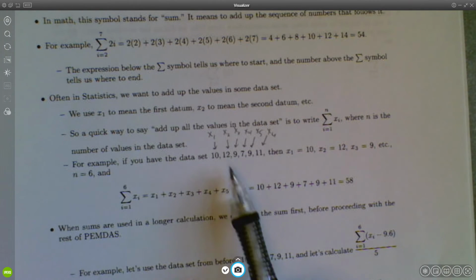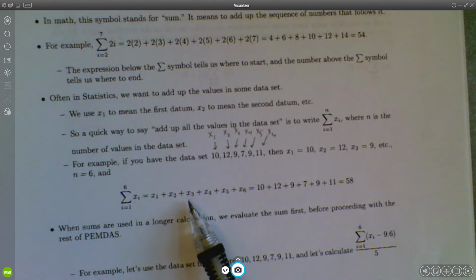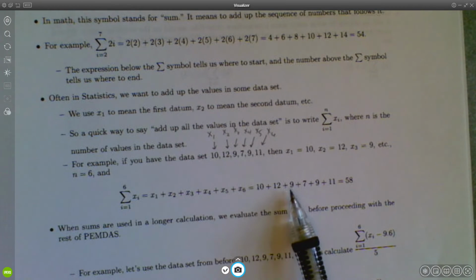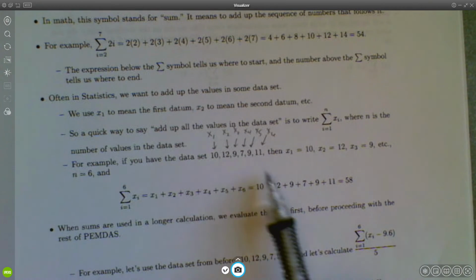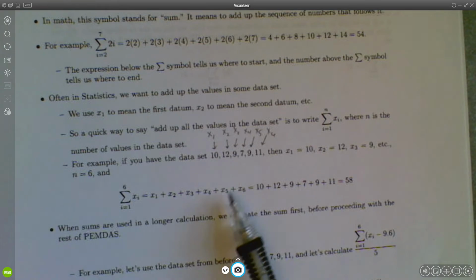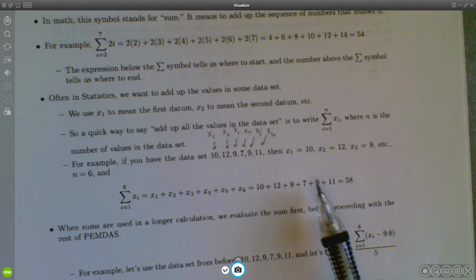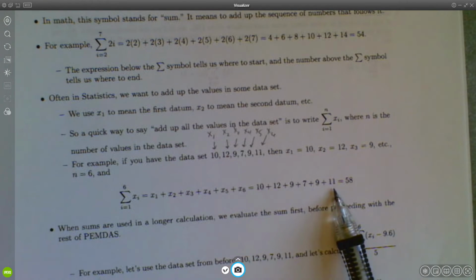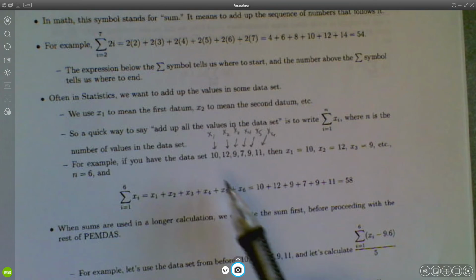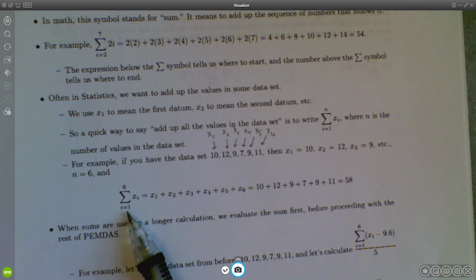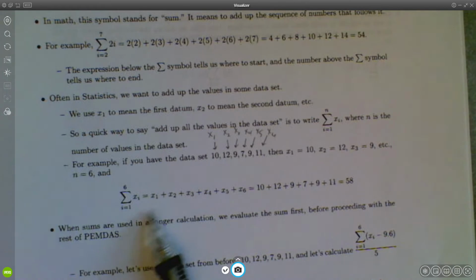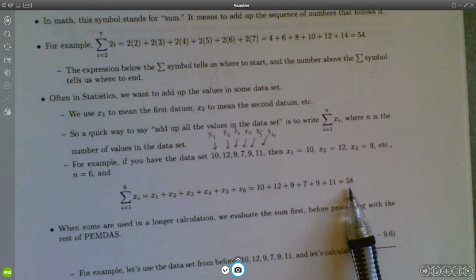Well, it was 12, right? And x3 was 9, and x4 was 7, and x5 was 9, and x6 was 11. So you're just adding up the values of this data set. This is a shorthand way to say add up these values, and you should get 58.